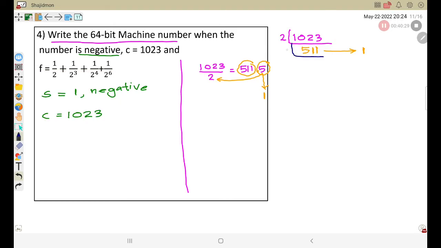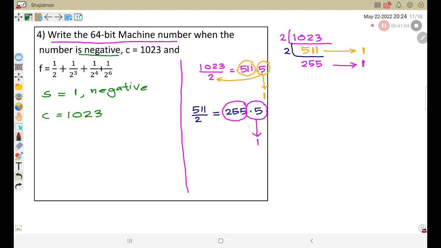511 again divided by 2. From the calculator you will get 255.5. Correct? So 255 times it goes correctly, so we write 255 here. Now whatever the remainder, write here. The remainder is 0.5, and 0.5 means 1. So I write 1 here.